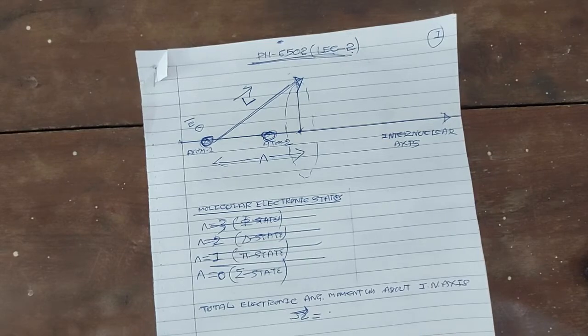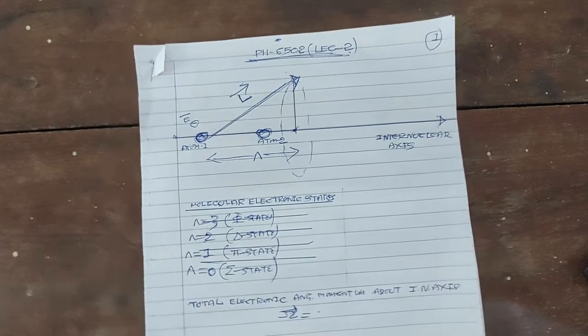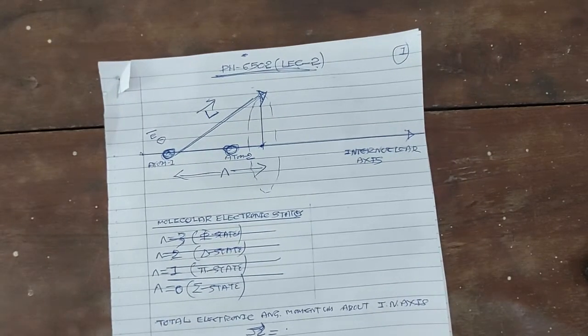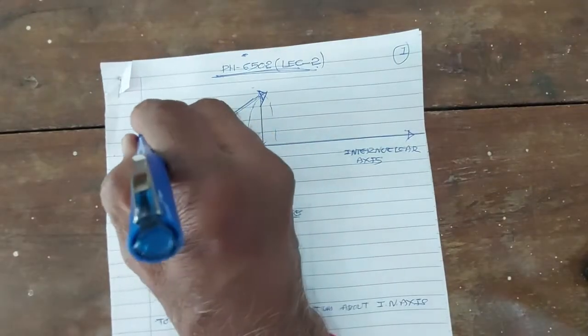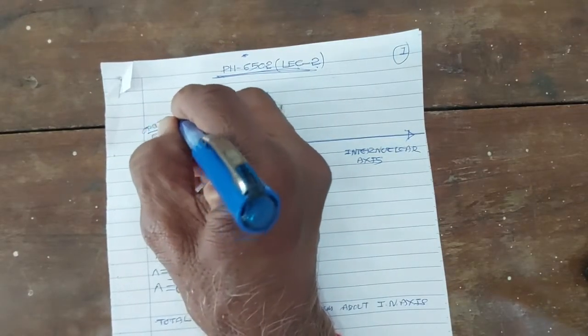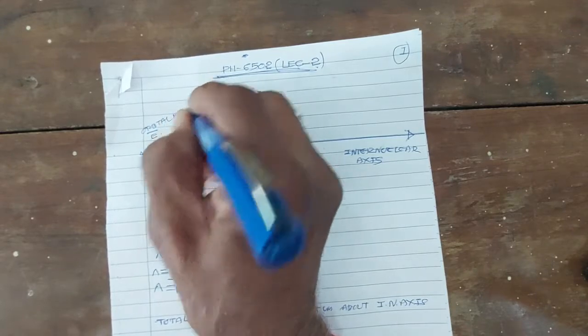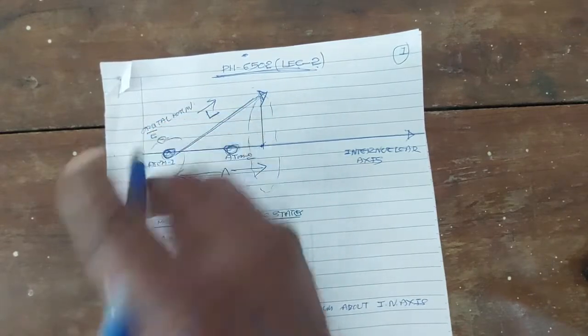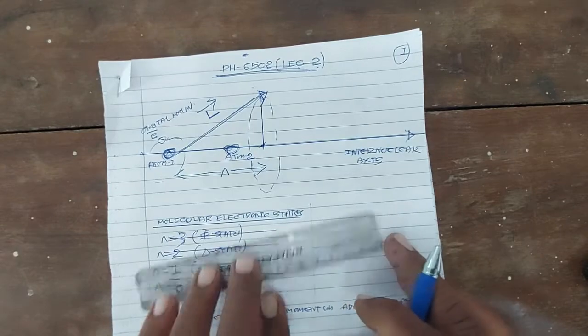Then we also discussed that the orbital motion of the electron around the nuclei produces a weak magnetic field.